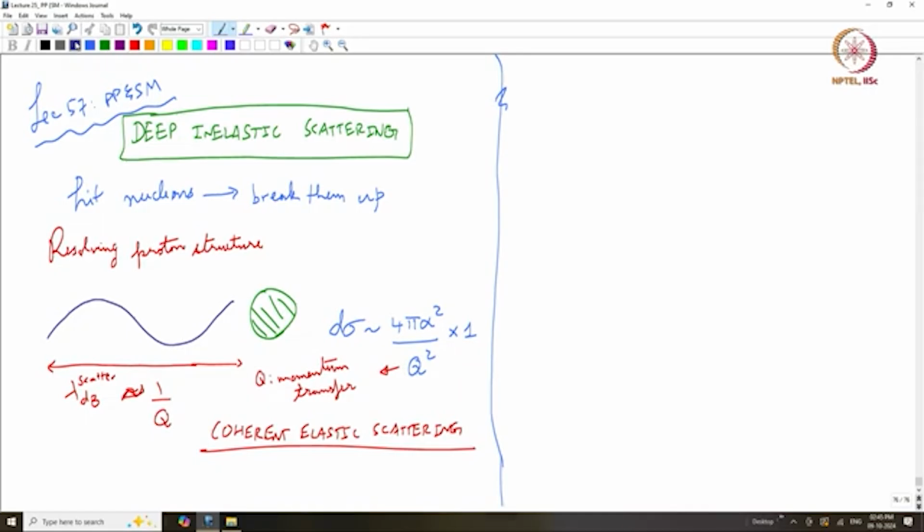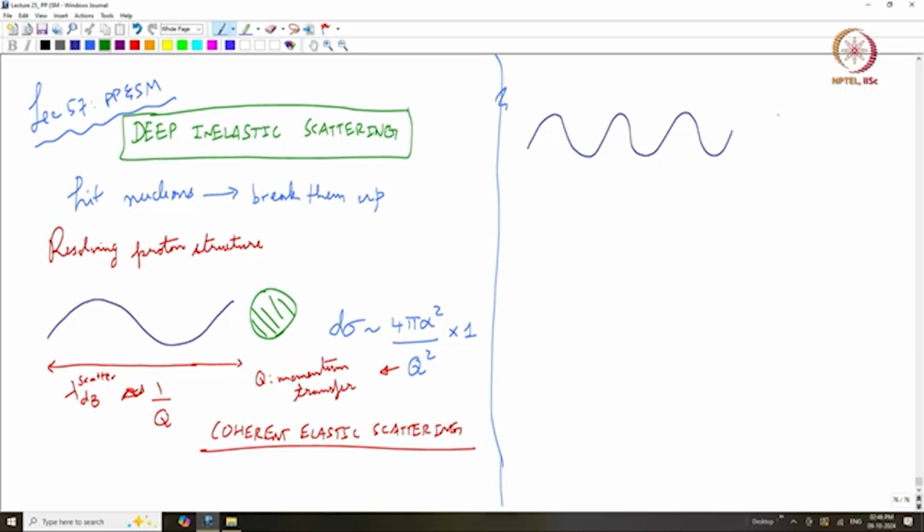Now suppose I put in more momentum transfer, okay, so that the de Broglie wavelength of scattering is smaller. I am using all these words very carefully, okay. This is not the Compton wavelength, this is not the de Broglie wavelength of the incoming projectile, it is the de Broglie wavelength of scattering, it is 1 over q, it is a very specific quantity, okay.